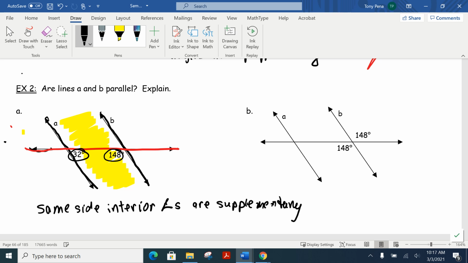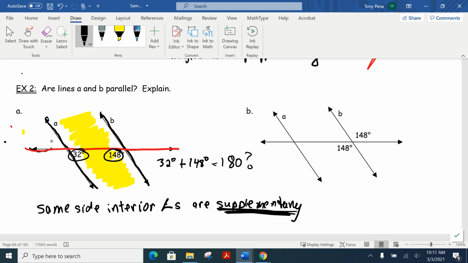Here is this angle here. Does 32 degrees plus 148 degrees, like they are supposed to, because supplementary means 180, do those equal 180 degrees? If they do, then yeah, we can conclude that those 2 lines would in fact be parallel. If they're not, then we would say no.